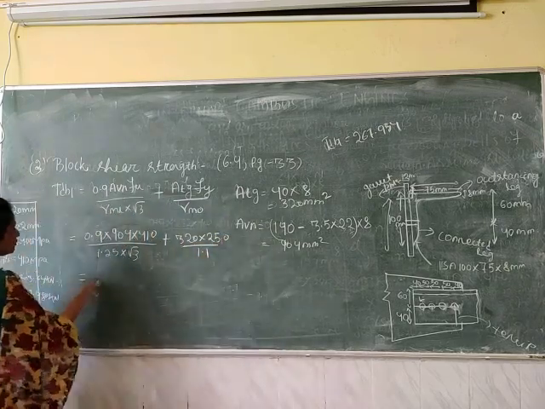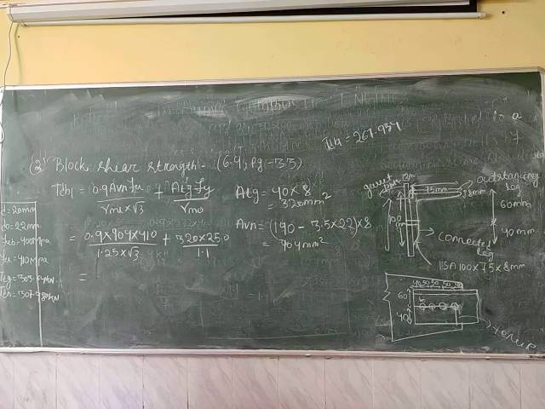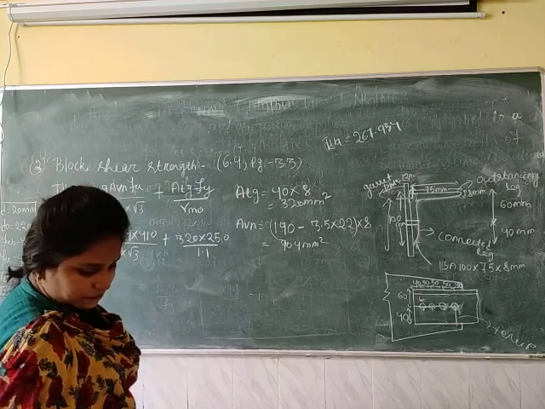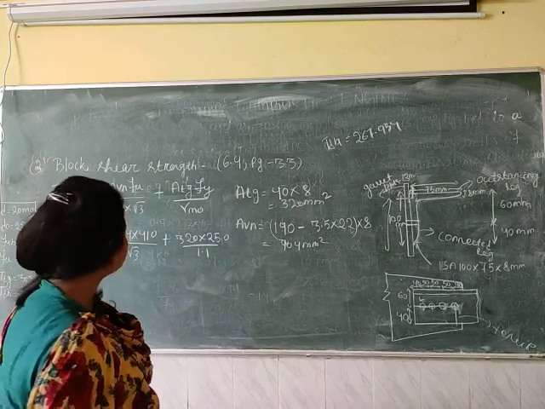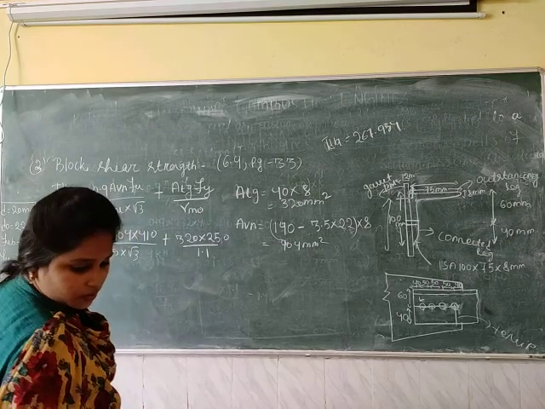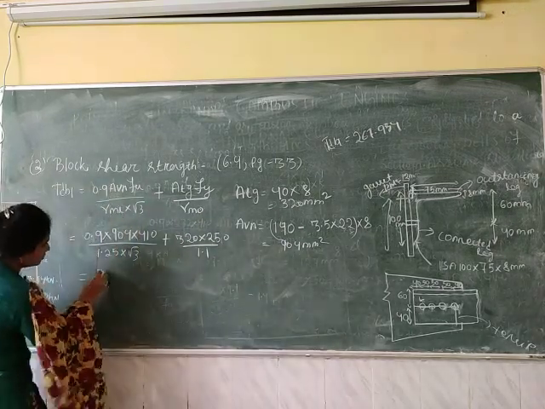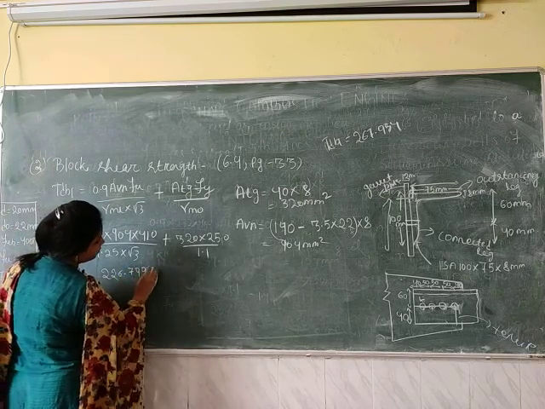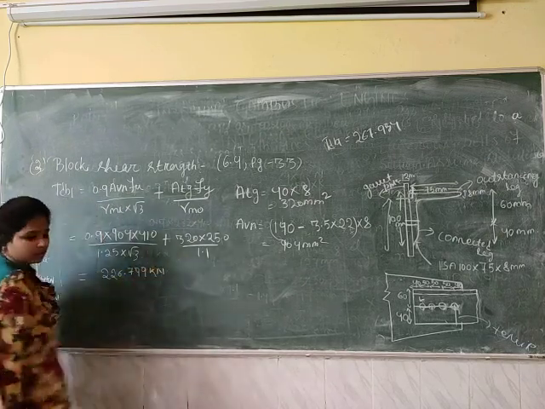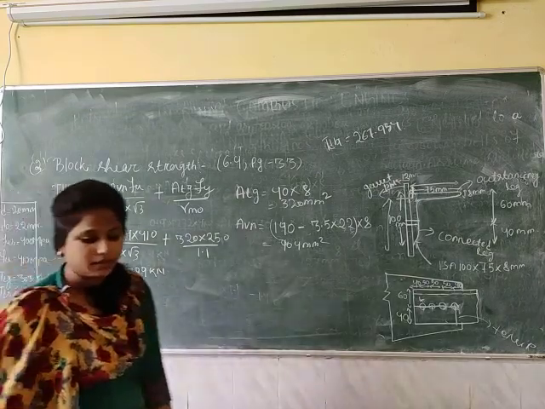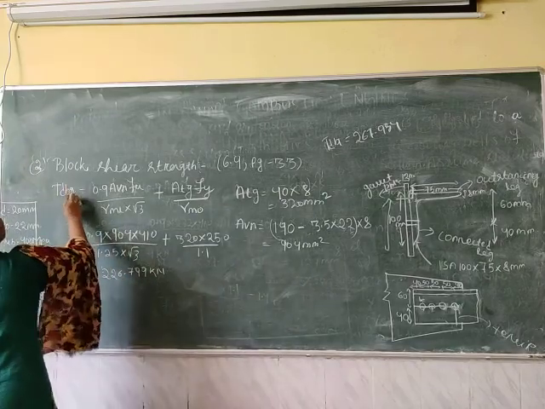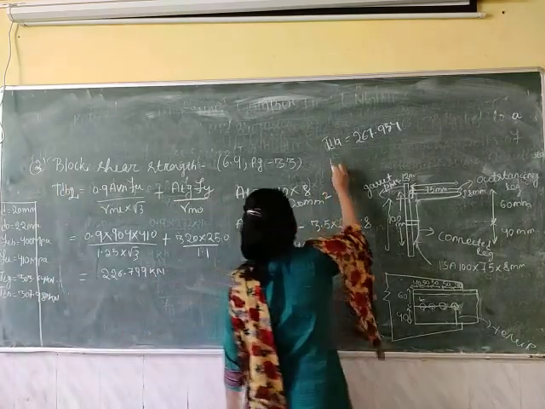So this value is coming 226.799 kilonewton. This value will come in Newton, then write it into kilonewton. So this is the second combination.